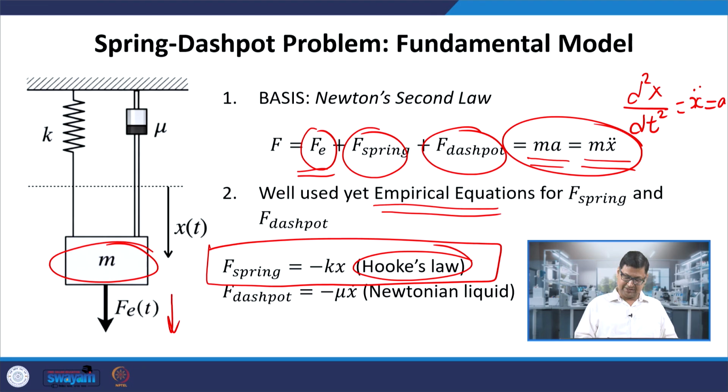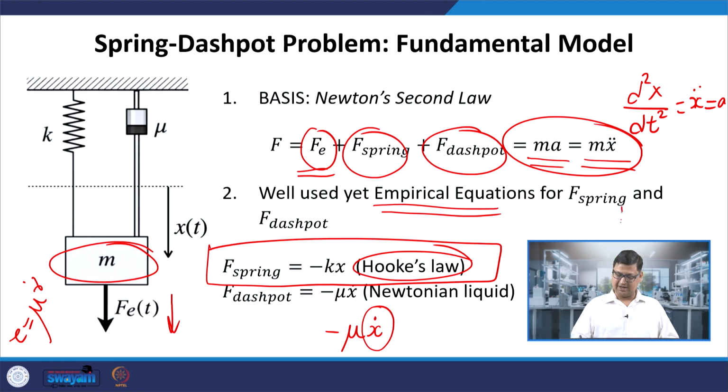Similarly, for the dashpot, we have the relation minus mu into x dot, right. Remember, we know that the stress is given as viscosity into gamma dot for Newtonian liquid. Gamma dot is the shear rate. So, shear rate is something similar to the velocity in our case, right, and the velocity is given by x dot.